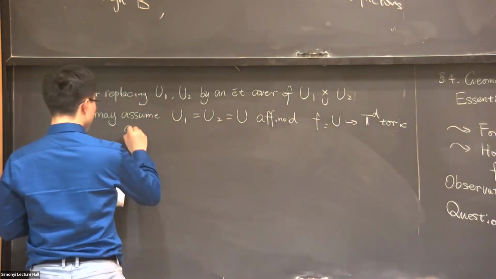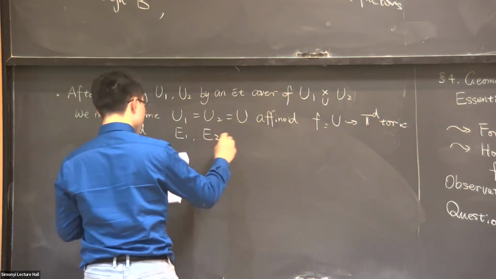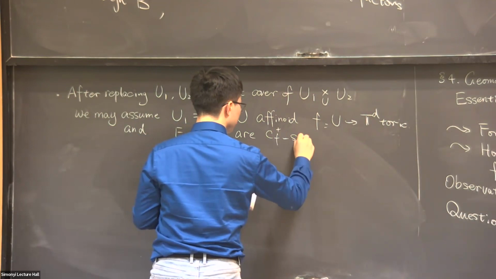And we can moreover assume that E1, E2 are CF plus small.